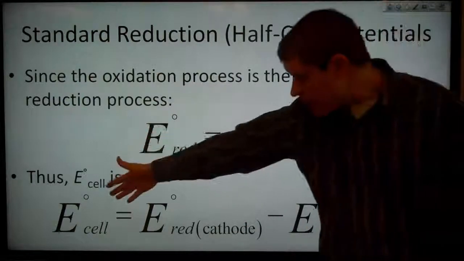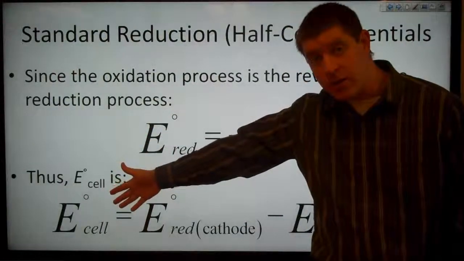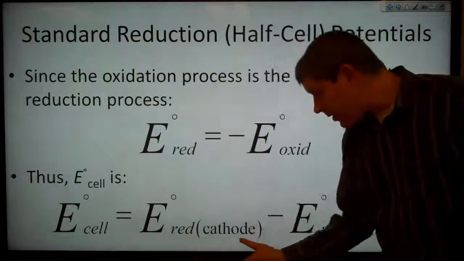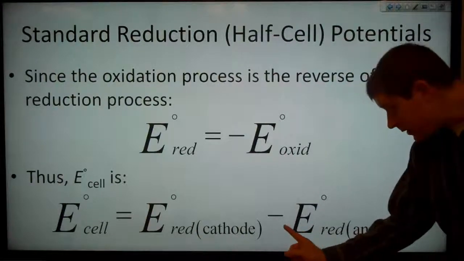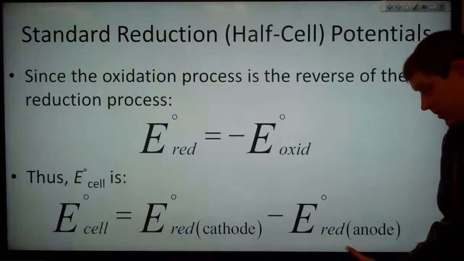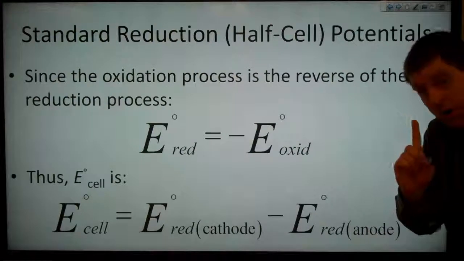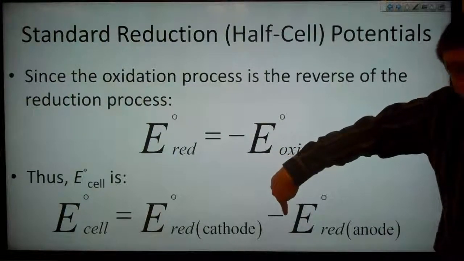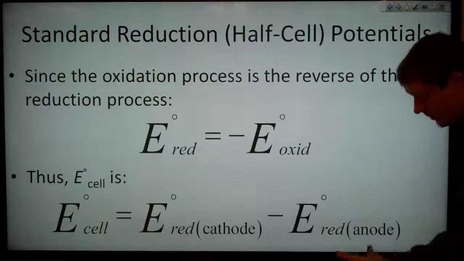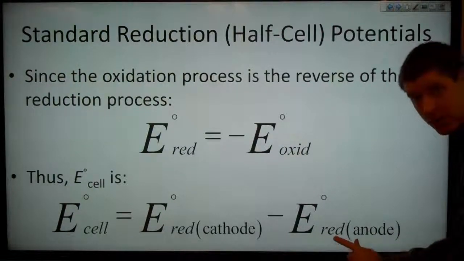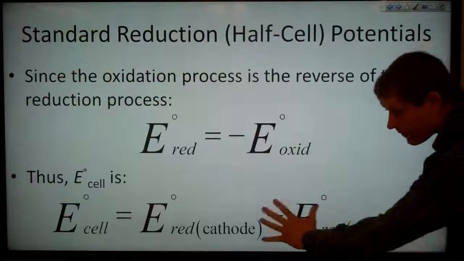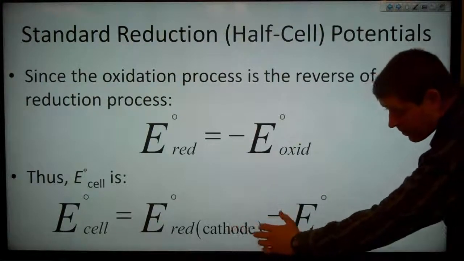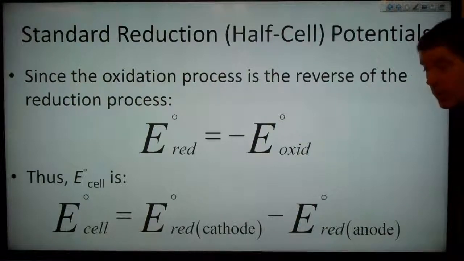And this means that our standard cell potential is equal to the standard reduction potential of our cathode minus the standard reduction potential of our anode. So note that I've changed the sign here from a positive to a negative and changed the oxidation potential to a reduction potential. So now everything involved here on the right side is a reduction potential. One of them is for the cathode and one of them is for the anode.